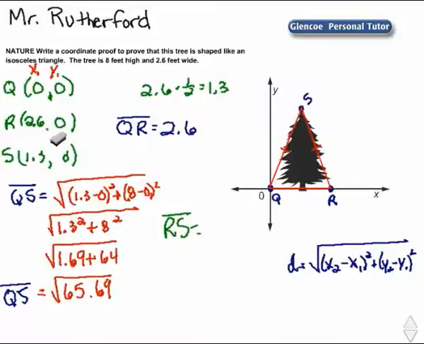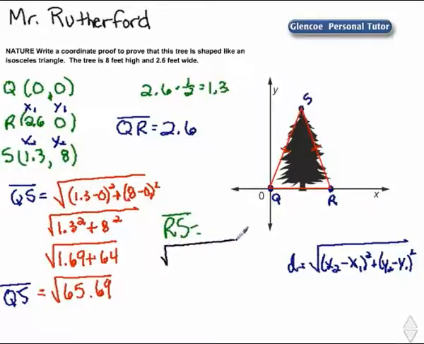So we're erasing here what we had before. So let's just fix this here. So now, in order to label these, notice again we're finding SR, so let's go ahead and label our R as the X1, Y1, and our S will be the X2 and Y2. So now let's substitute these values into the distance formula.